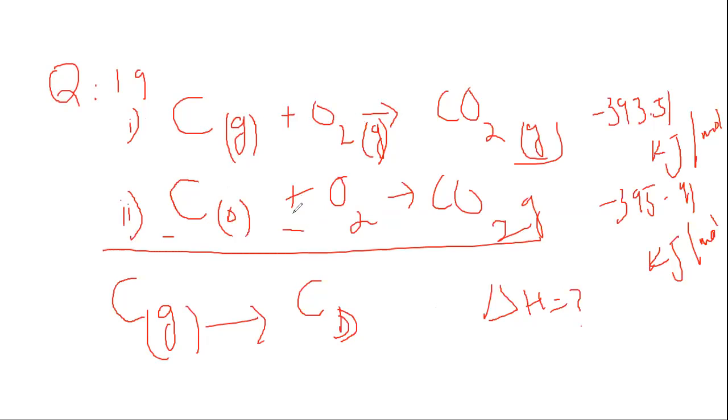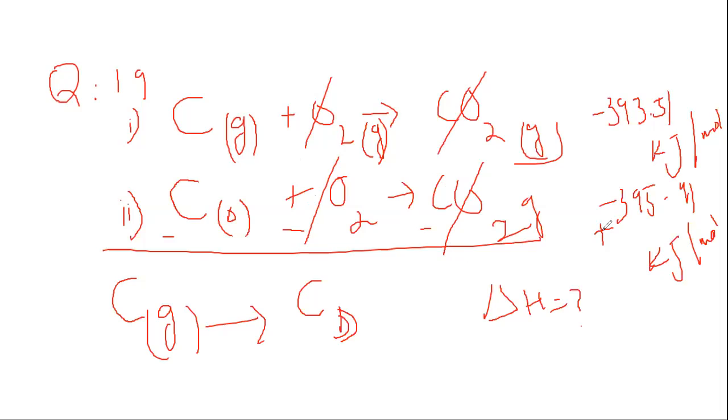So change the sign: minus, minus, minus, and here you have to write plus, because in the previous example I explained how it will be positive. These values will be cancelled out because one is positive and one has the negative sign. This carbon dioxide gas and that carbon dioxide gas will be cancelled out.